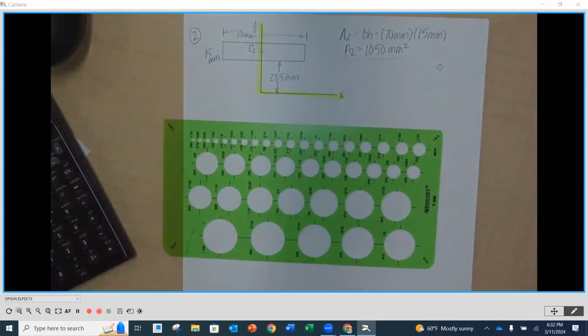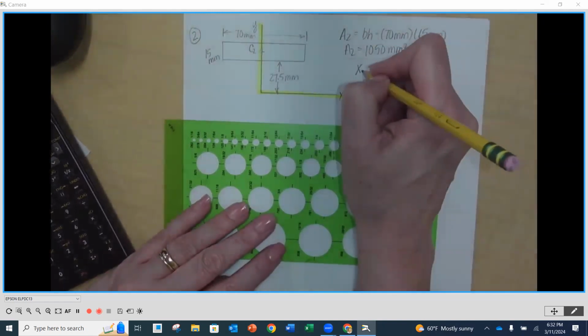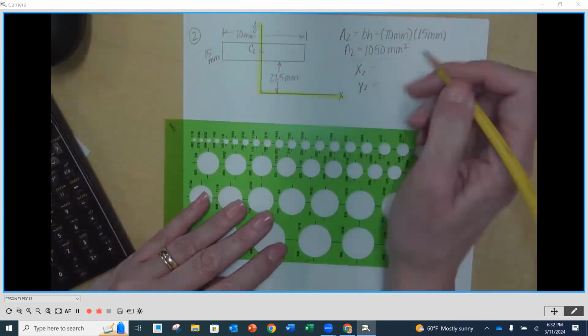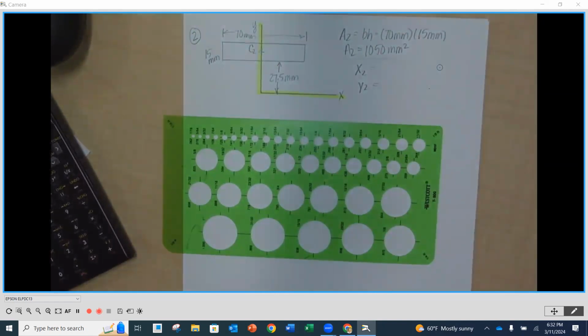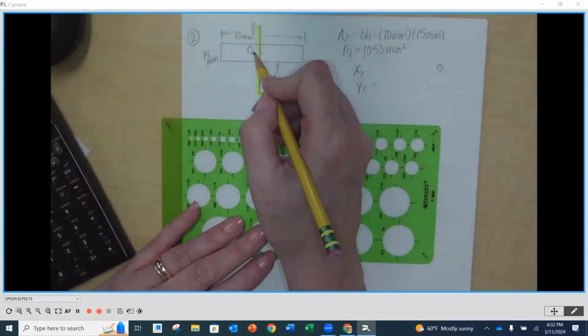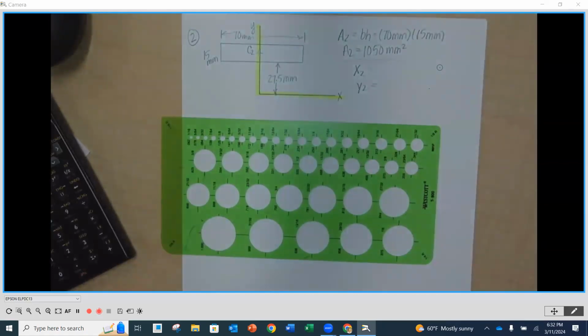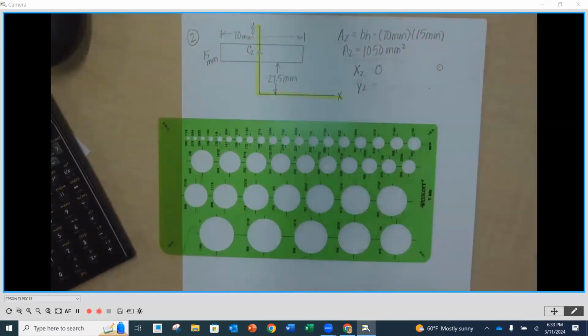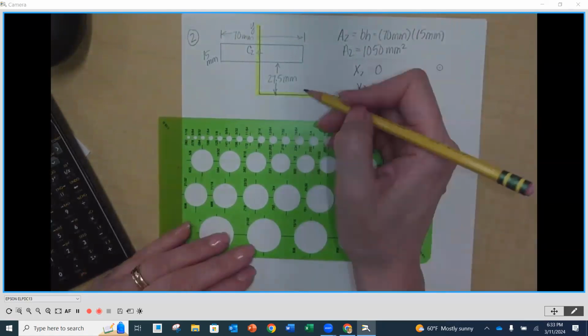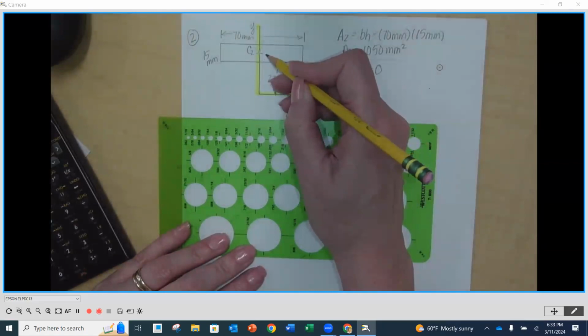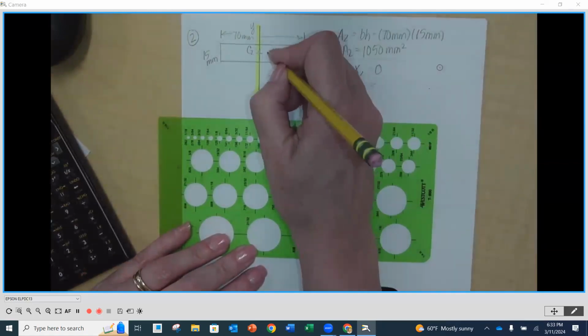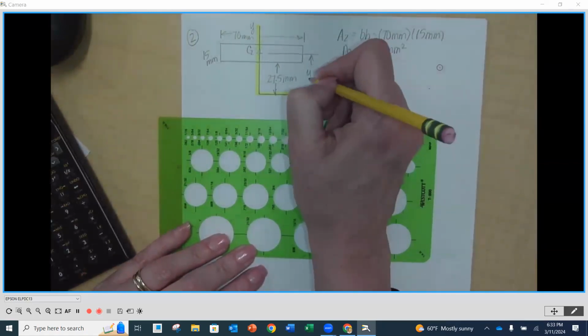Now, those distances, we need an x2 and we need a y2. x2 is the distance on either side of the reference axis that the centroid of my shape is. It's on the y-axis, so my x2 is going to be 0 again. Then my y2 is going to be from the reference axis up to my centroid. So this is my y2.